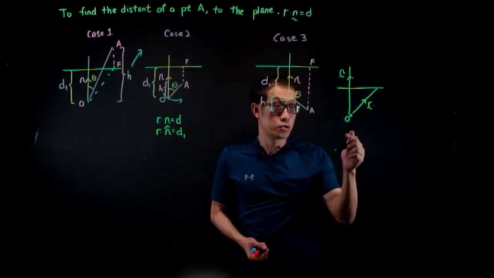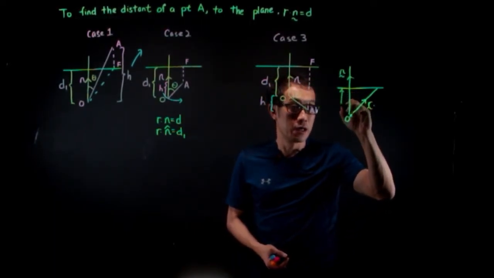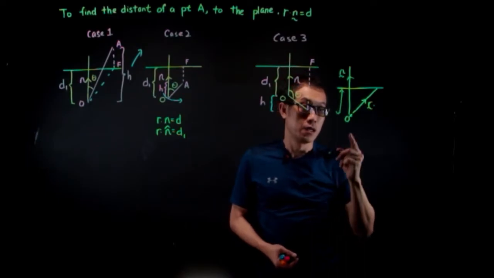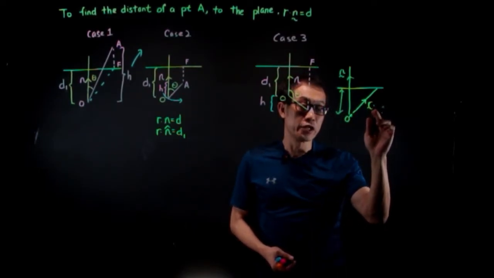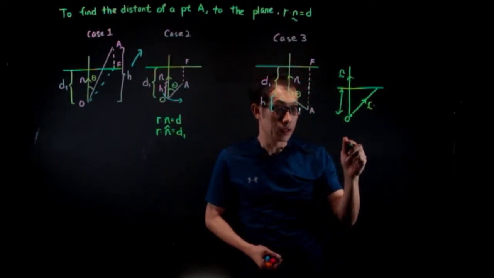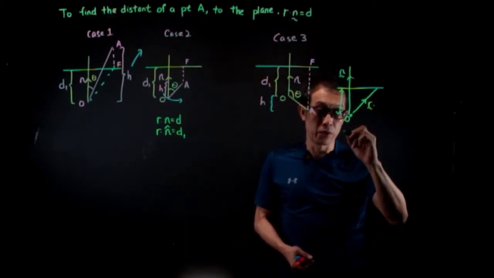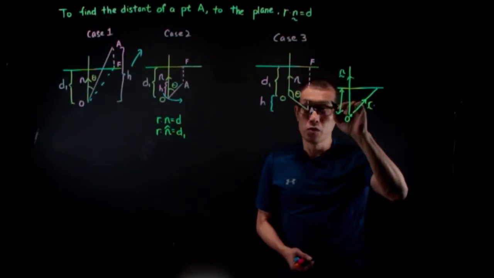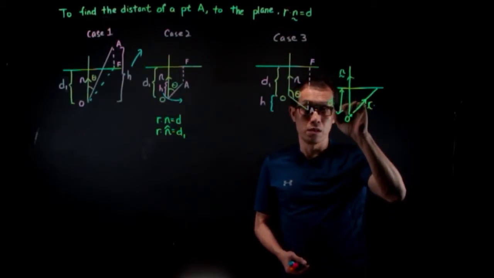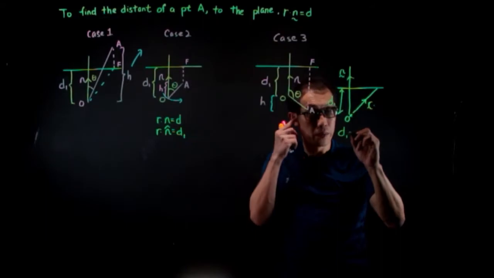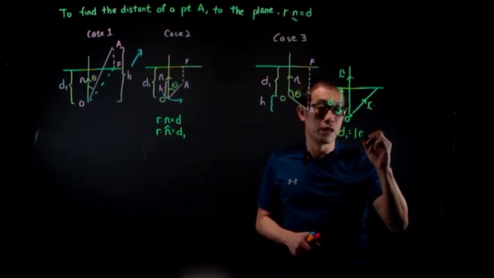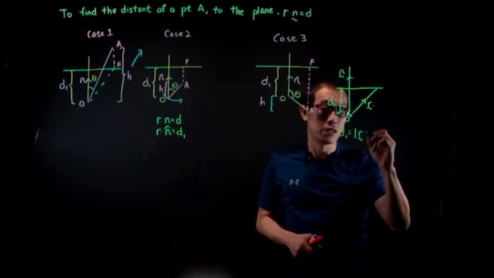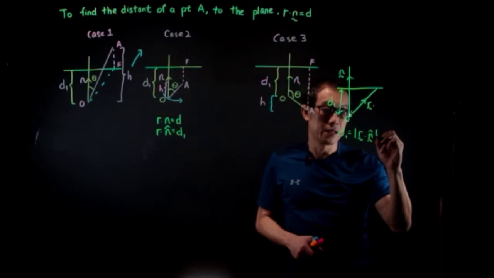Now, what is this distance here? This distance is the length of the projection of r onto n. We learned this in dot product. So d1 will be equal to the mod of r dot unit vector n.